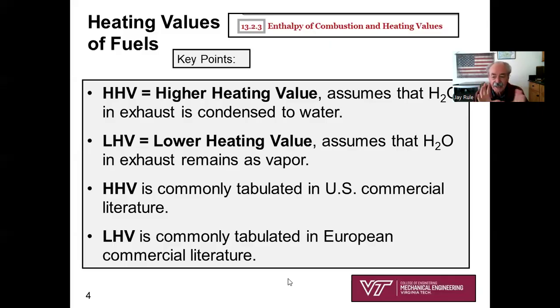So there's going to be a saturated mixture in between saturated vapor and saturated liquid. But recognize, big picture here, HHV is a number, BTUs per pound mass or kilojoules per kilogram, assuming that all of the H2O in the exhaust is condensed down into liquid water, saturated liquid.